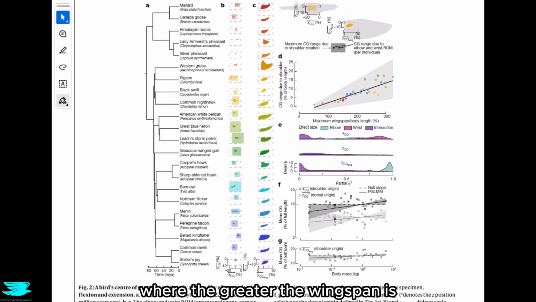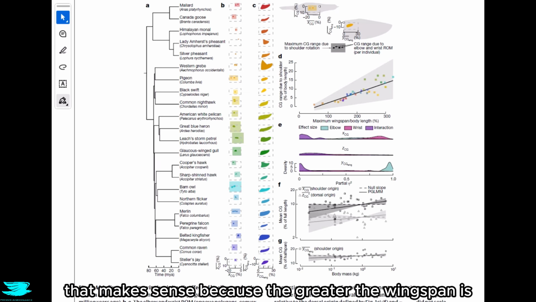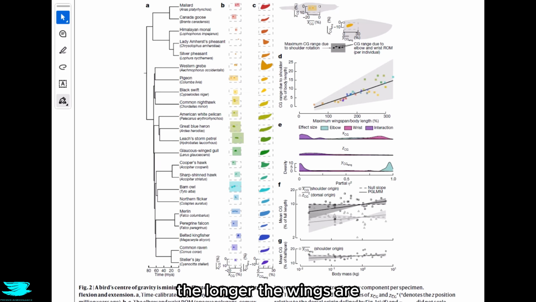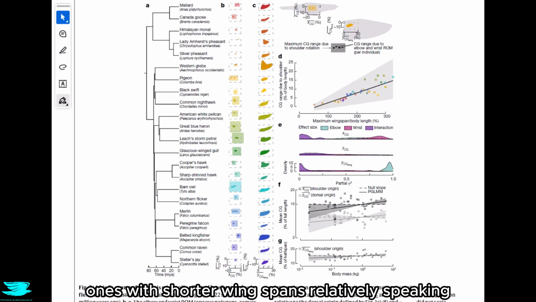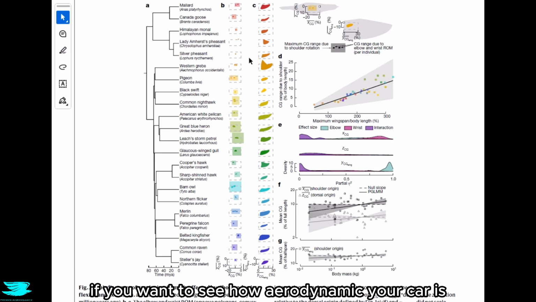So there's a clear relationship here where the greater the wingspan is compared to the bird's body length, the greater the CG movement is too. That makes sense because the greater the wingspan is, the longer the wings are, so moving them will change the CG more too. And what that really suggests is that evolution has kind of favored smaller birds so far, ones with shorter wingspans, relatively speaking.